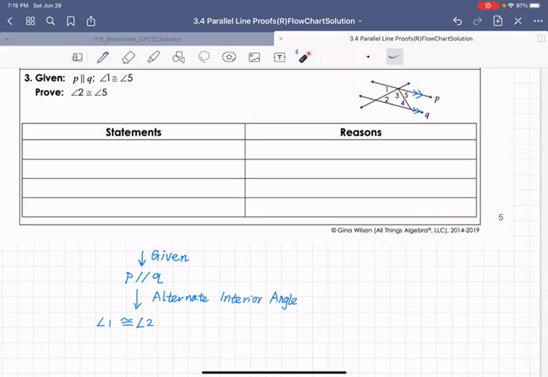Okay. You don't say converse. If you have this guy here and this guy here, you write down converse. This one you don't. Okay. Next, what else do you have? Angle 1 is congruent to angle 5. This is because given. Yes.